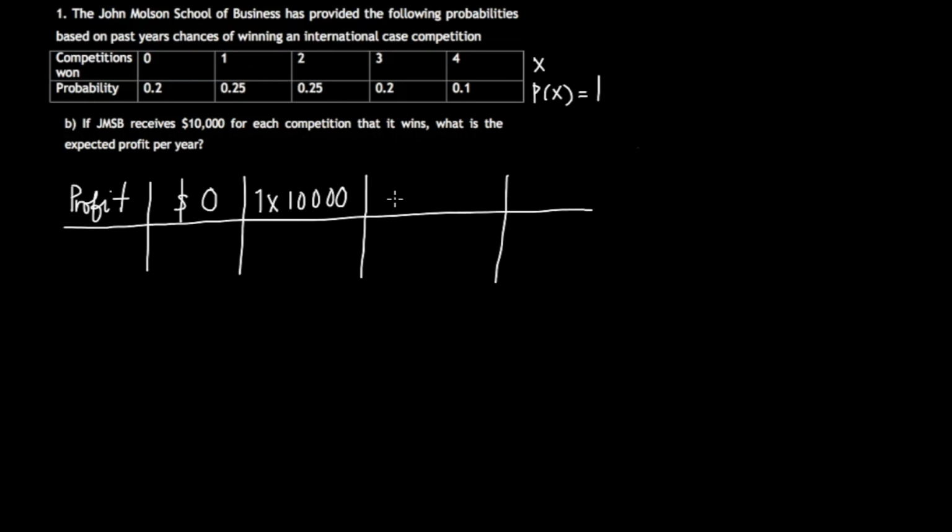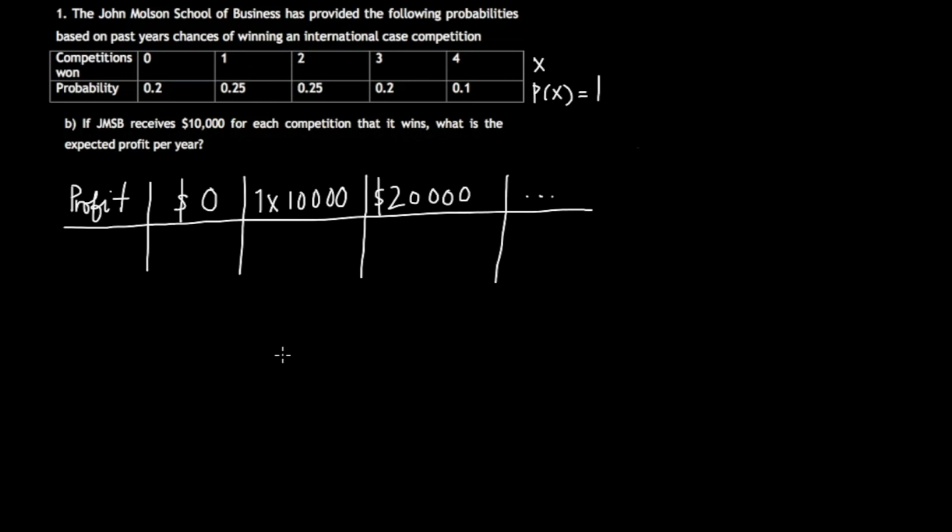Here we would have 2 competitions times the $10,000, so a total of $20,000. And so on, right? And then once we have the entire table figured out, all we have to do is recompute for the mean, but this time using the profit dollar amount instead of the number of competitions won, and we'll obtain the expected profit.